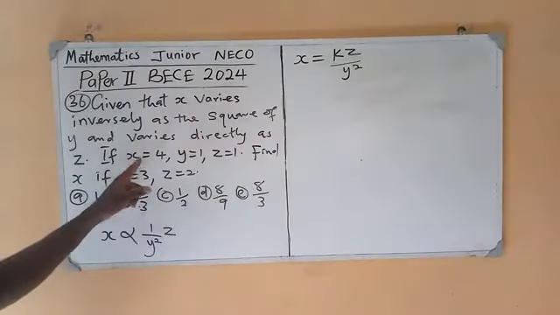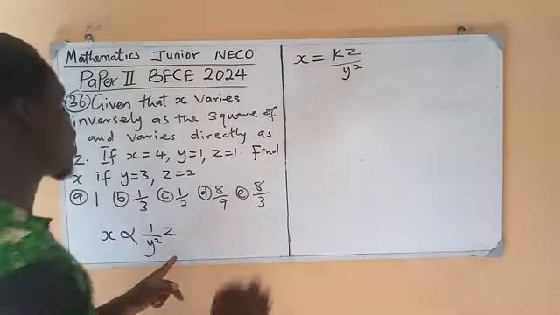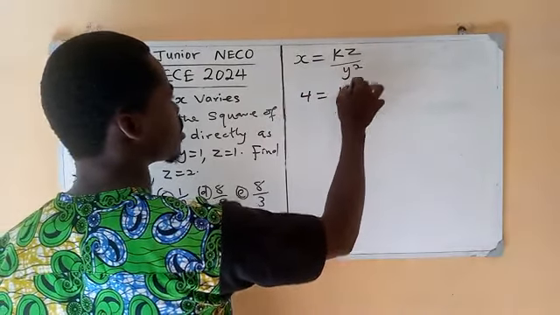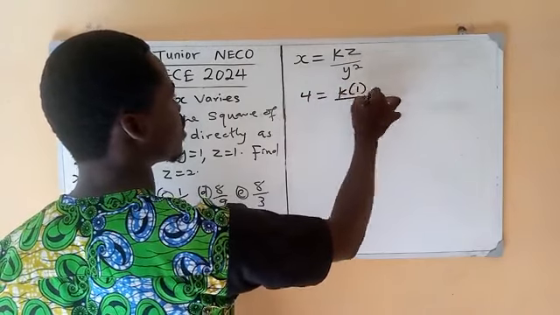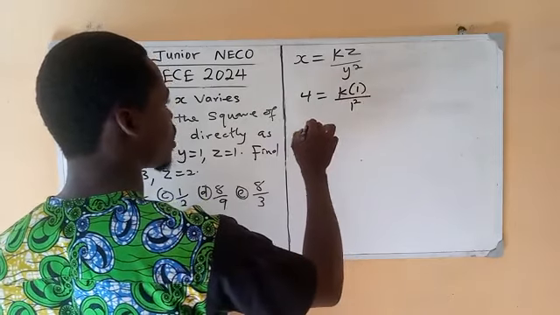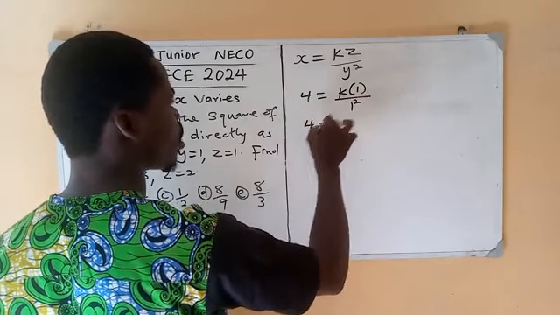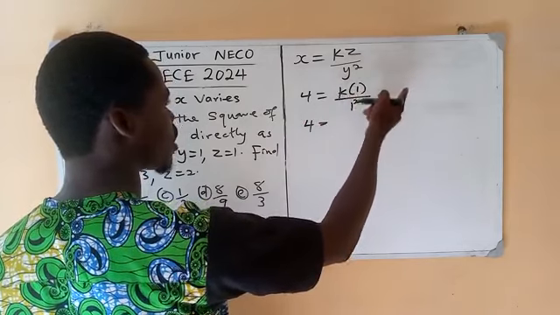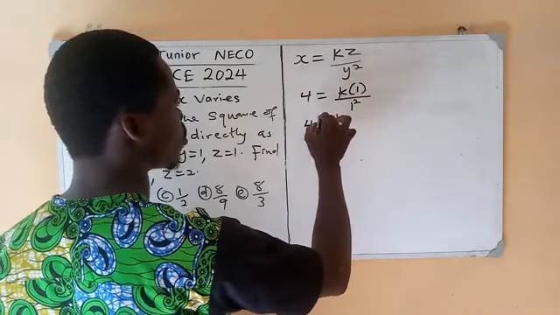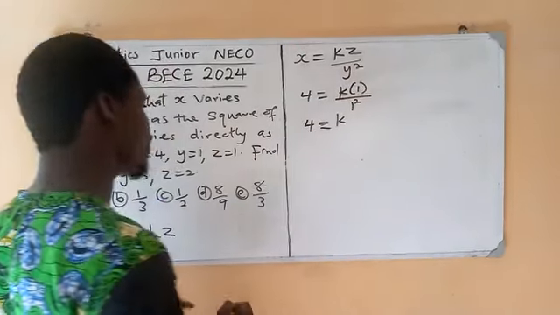Now substitute the values of x, y, z. x is 4, z is 1, y is also 1 raised to the power of 2. So 4 equals k times 1 is k. k divided by 1 squared is still k. So the value of k is 4.